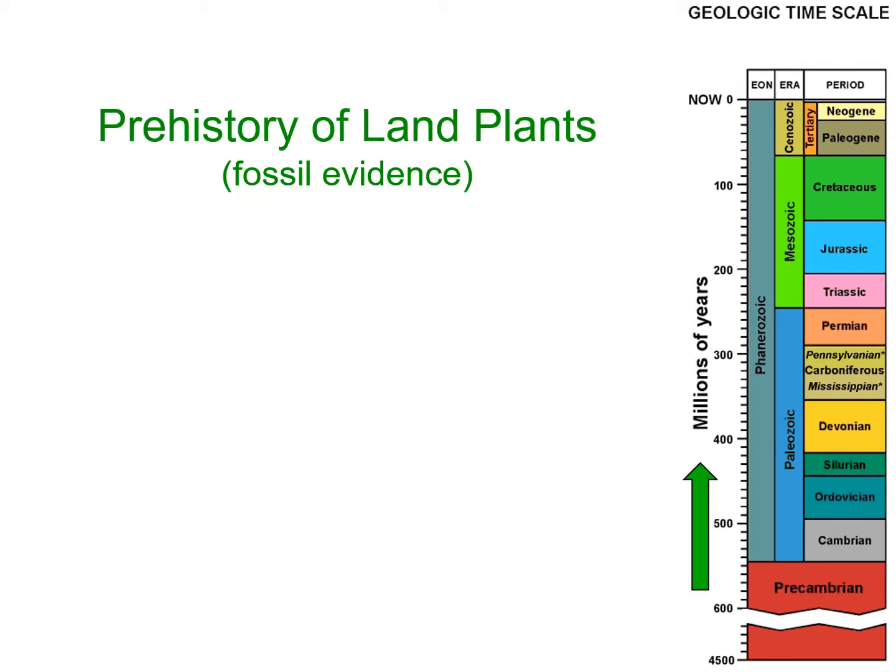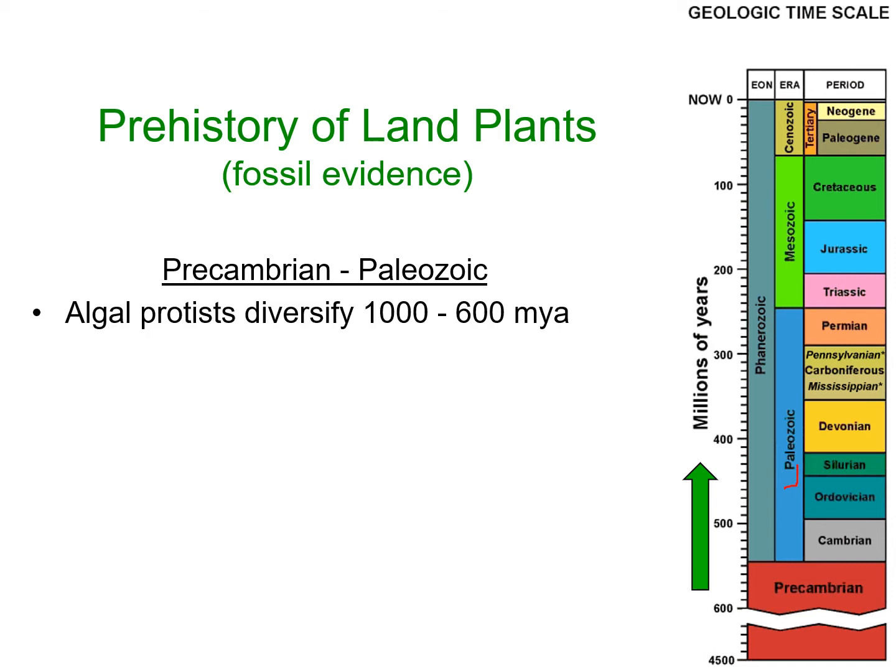And then after that, we started to get the evolution of plants during the Precambrian into the Paleozoic period, which is shown here in blue. So what did we see then? We saw that algal protists, these organisms that can do photosynthesis that are growing in oceans and freshwaters, started to diversify.